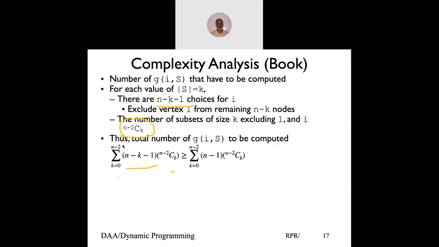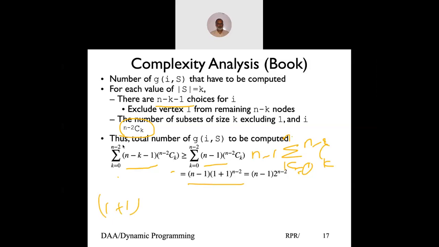If I ignore k, n minus 1 is independent of k, so it comes out, and you basically get n minus 1 times the sum for k equal to 0 to n minus 2 of n minus 2 C k. And this gives you the sum of, remember, 1 plus 1 raised to power n is equal to the sum for i equal to 0 to n of n C i, 1 raised to power i, 1 raised to n minus i, which is basically the binomial computation.